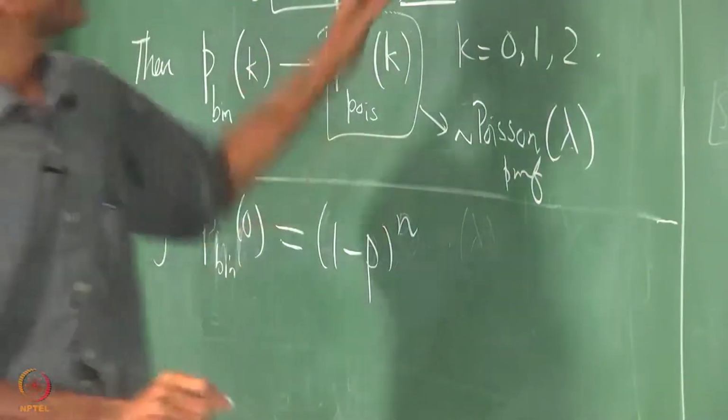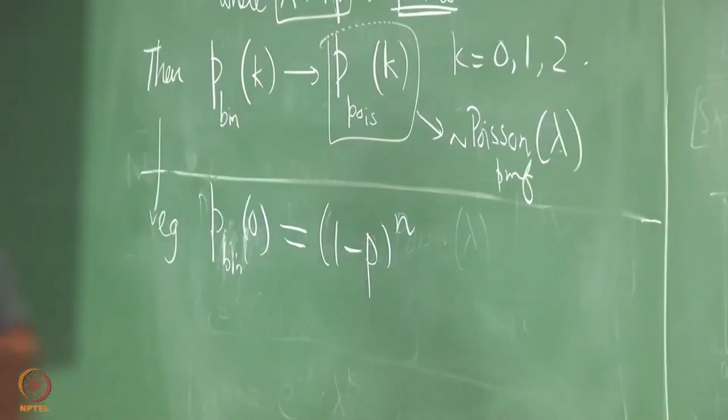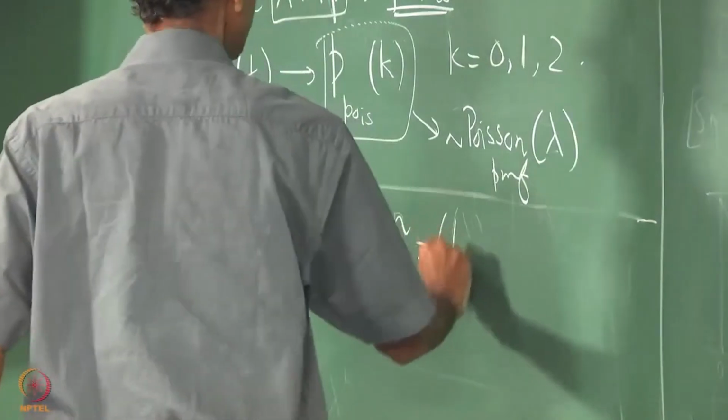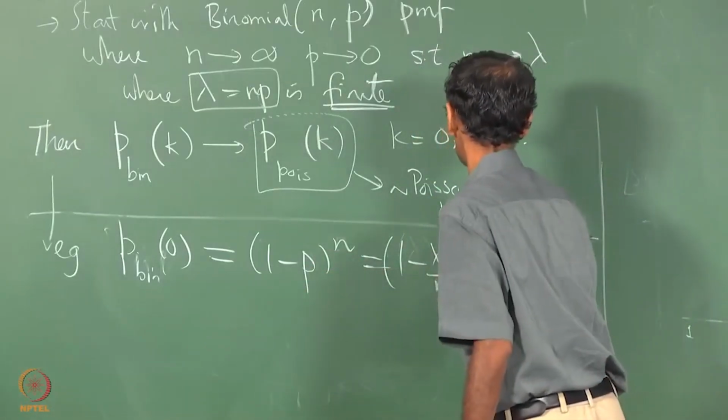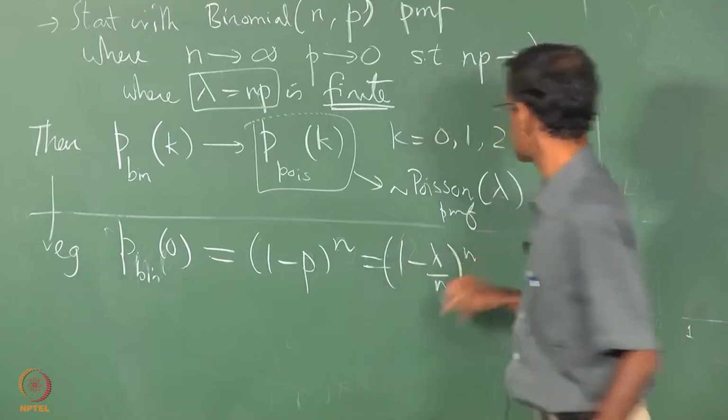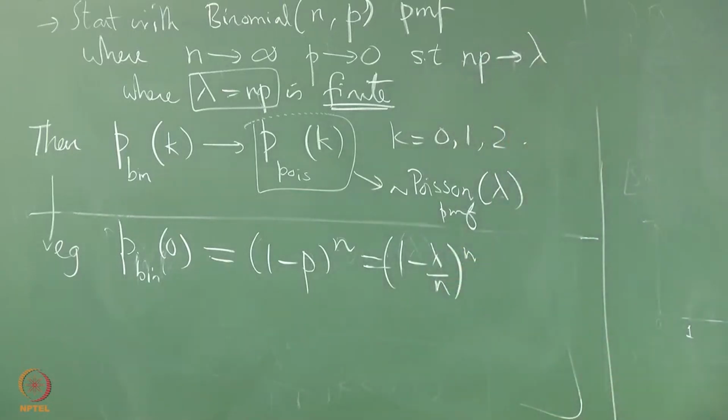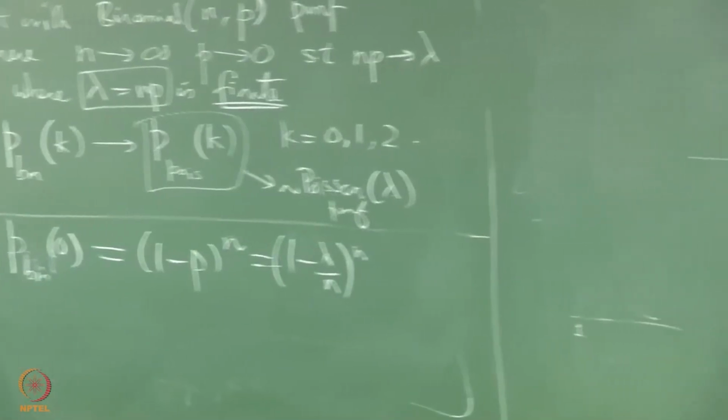Now I want to bring lambda into this. I write this as 1 minus lambda by n, power n. What happens to this as n goes to infinity, but fixed lambda? It goes to e power minus lambda.